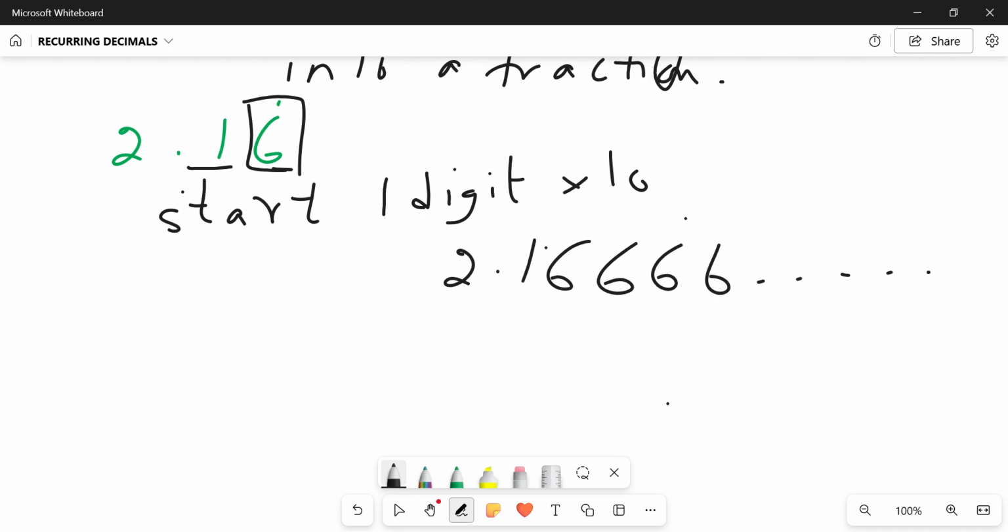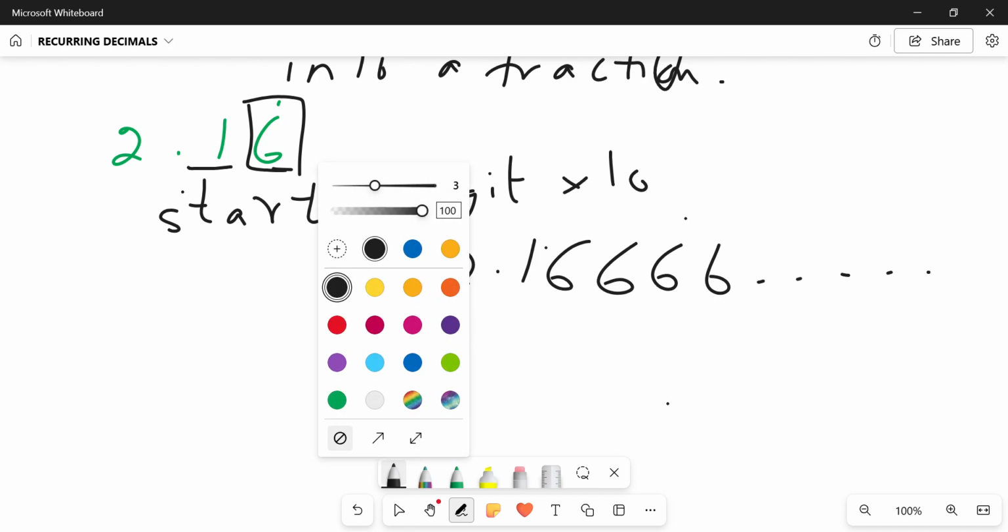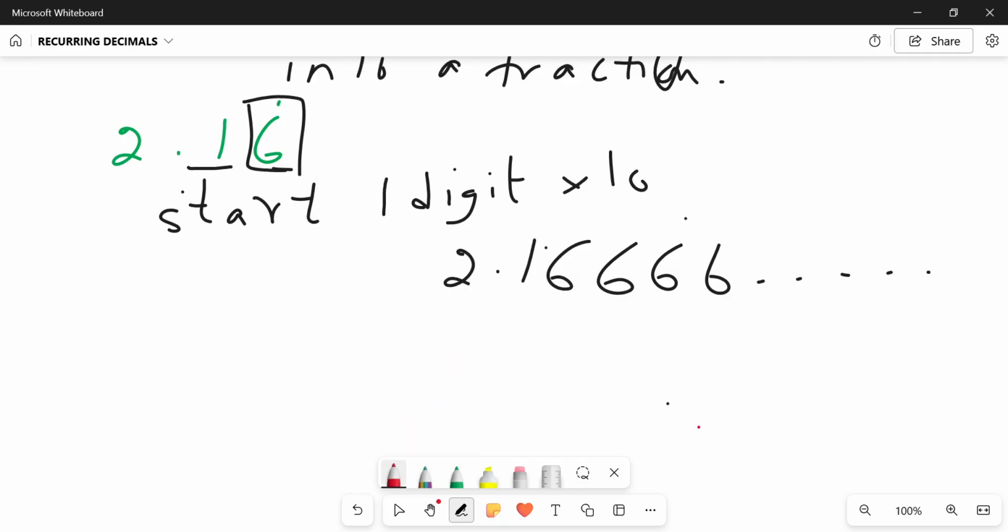Now the ending digit is the recurring point. The 6 starts from here, and before this red line I have only one digit, so that's why I need to multiply by 10. This you need to remember. Now the recurring number ends, this is the ending point.